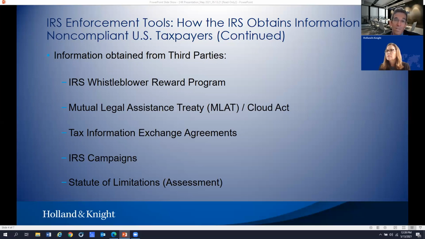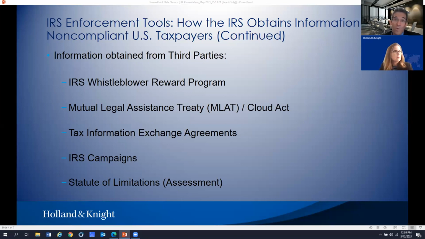These are solely based on sharing information for tax purposes. And we have them with countries with whom we don't have an income tax treaty. The countries with whom we have TIAs include Argentina, the Cayman Islands, Costa Rica, Guernsey, Hong Kong, the Isle of Man, Jersey, Panama, and Singapore.